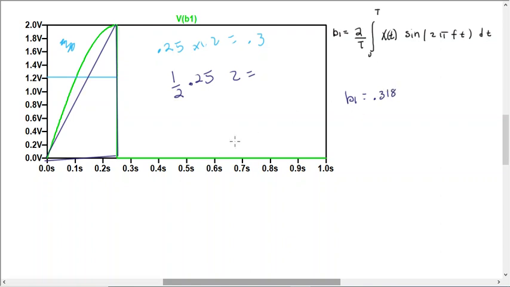But on an exam or things like that, you can just do this kind of estimate, because we're trying to make sure that you understand what does this mean, right? And by plotting it out and finding the area and dividing by the period, that's really what that equation says.